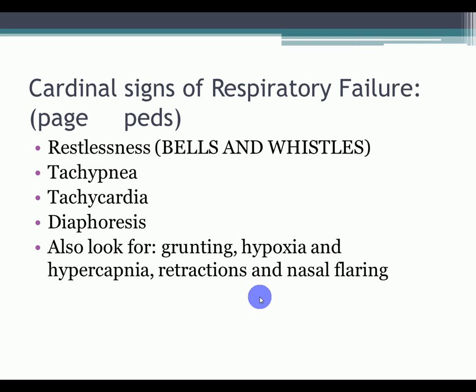And of those 4, the earliest sign is restlessness. Other signs you may see are grunting, hypoxia, hypercapnia, retractions, and nasal flaring. If you are not familiar with grunting and nasal flaring, then I would suggest that you go to YouTube and look them up, and you will see all kinds of videos that give you examples so that you can actually hear the grunting and see the nasal flaring.